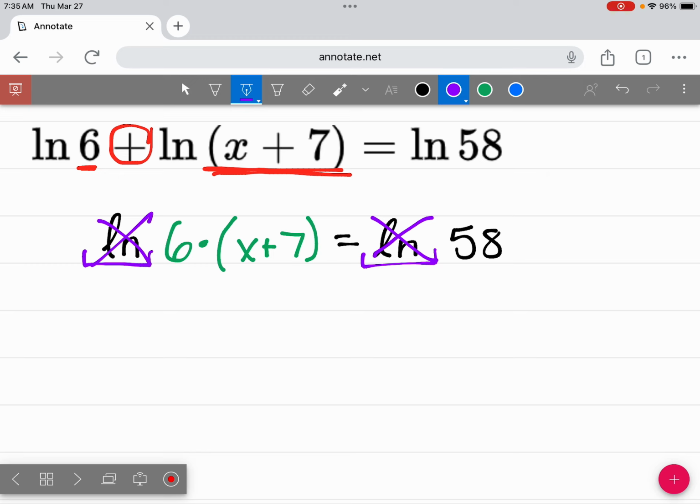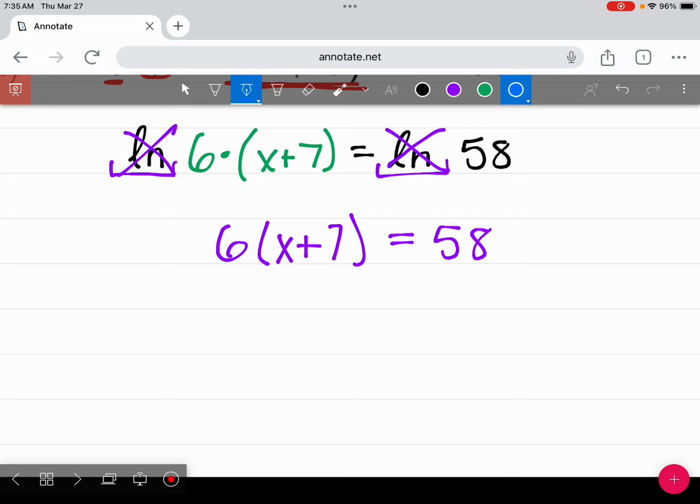It's just like if I had times 2 on both sides or divide by 3 on both sides. I don't need it. So we're going to have our 6 times x plus 7 equals 58. What can I do from here? Distribute. Absolutely valid.